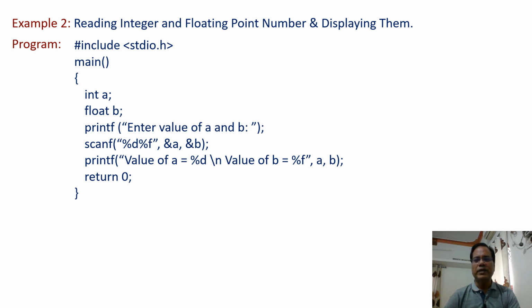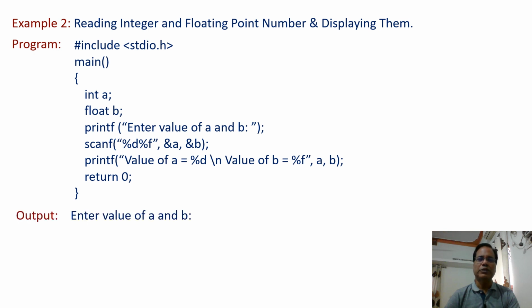After printing the integer value, this \n escape sequence character brings the cursor to the beginning of the next line, and in that line value of b equal to gets printed, and after that %f, this format specifier, indicates that we have to print the value of b, which is a floating point value. So value of b gets printed at this point.